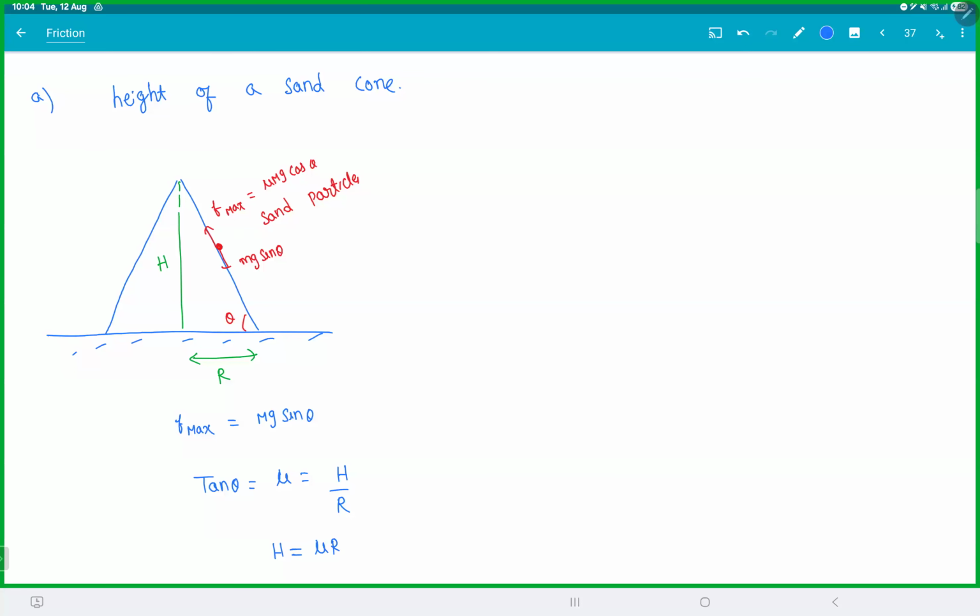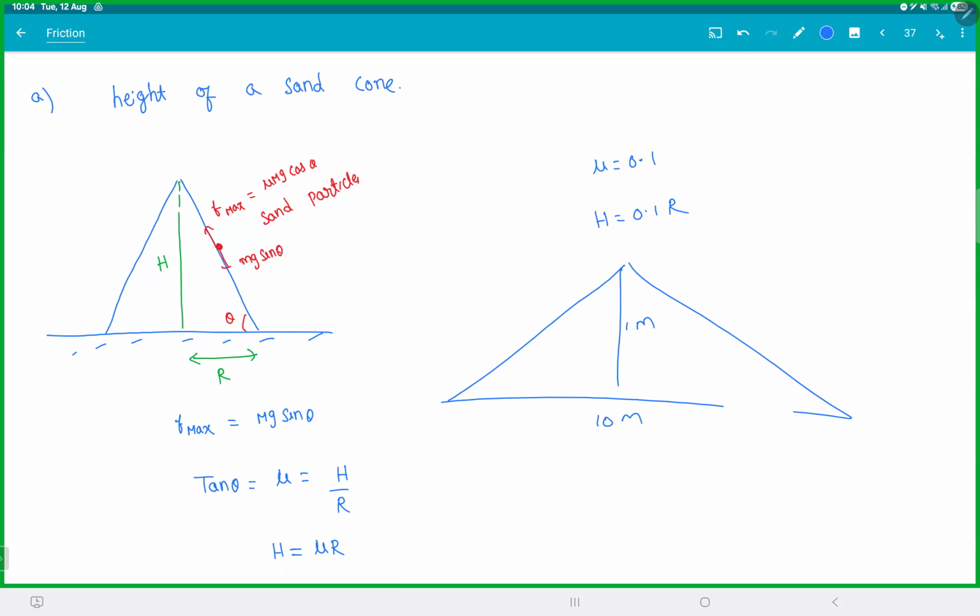Now, beach sand is very smooth and has very little friction. Since mu is very small, let's say beach sand is 0.1. That means the height will be 0.1 times the radius. So if you want to make a sand cone 1 meter high, you need a base of 10 meters. But imagine instead of beach sand, you're using clay, which sticks together very easily.